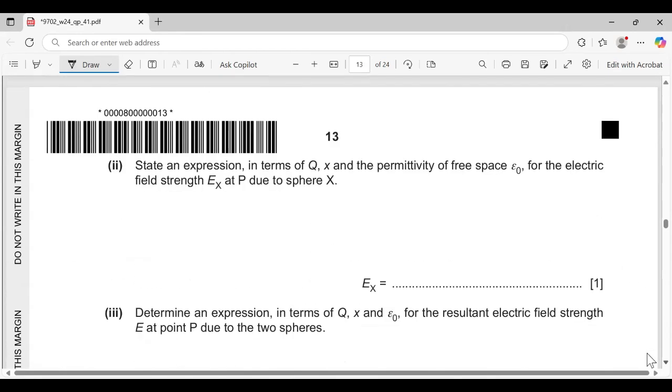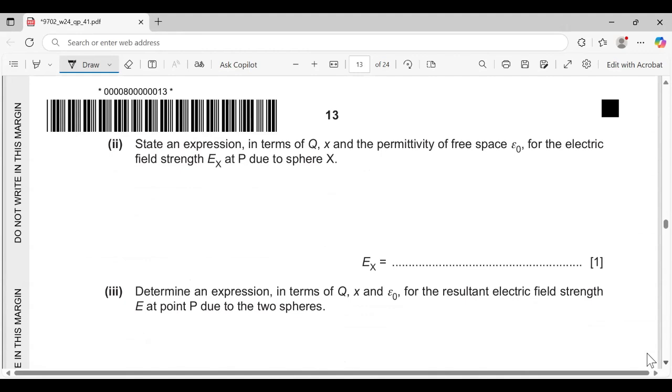Let's continue to part D: state an expression in terms of Q, x, and the permittivity of free space epsilon 0 for the electric field strength Ex at P due to sphere X. Ex becomes 1 over 4 pi epsilon 0 times Q over x squared.